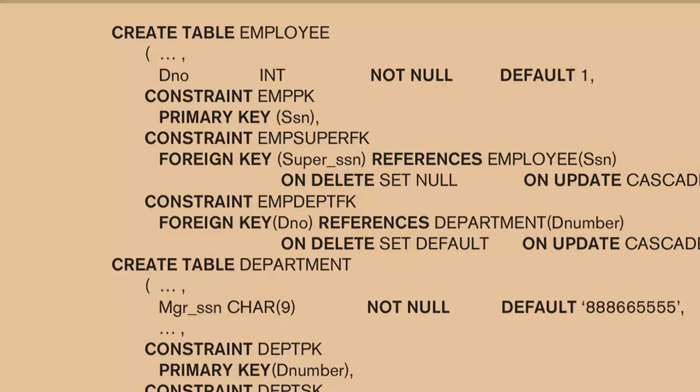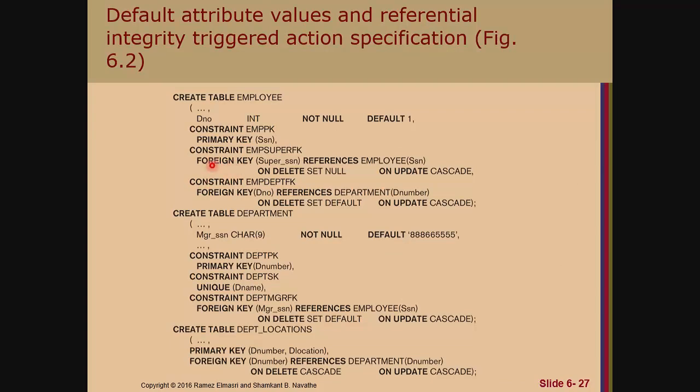If another table refers to this one, we set SSN as the key. And if the constraint name is EMPSUPER something, this means the below two lines are the details of the constraint.